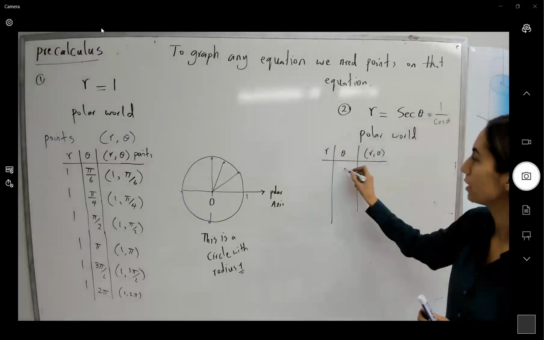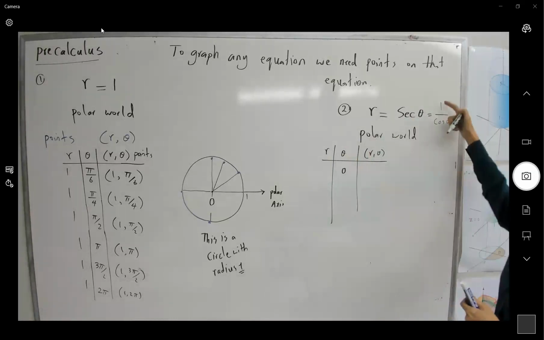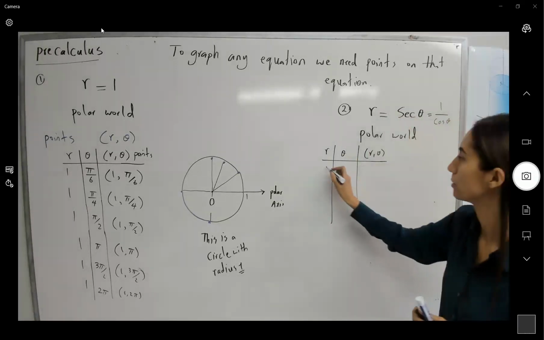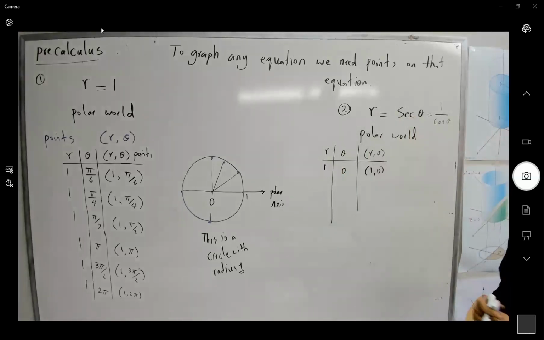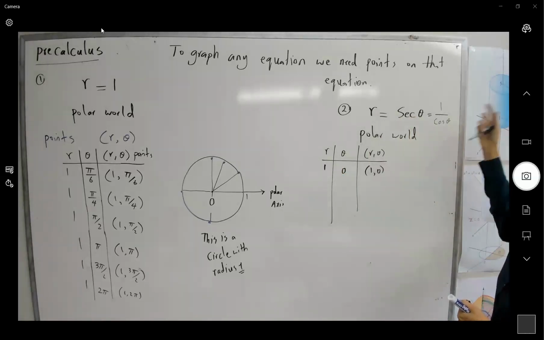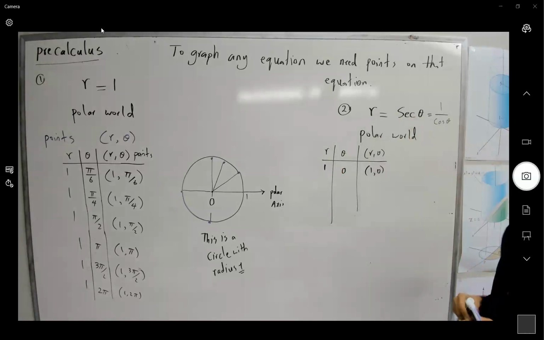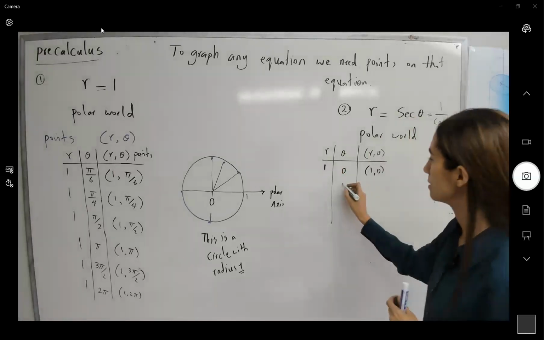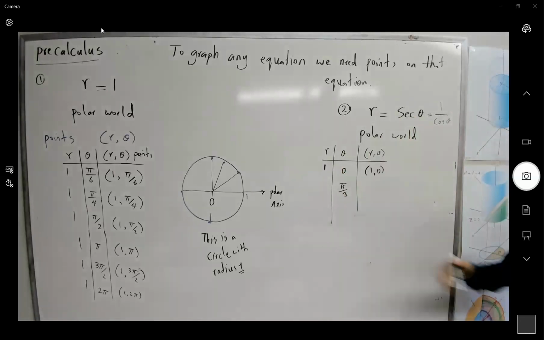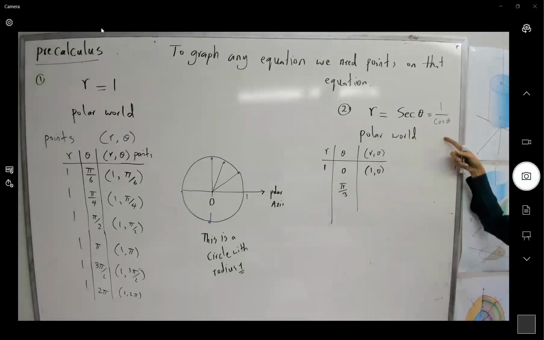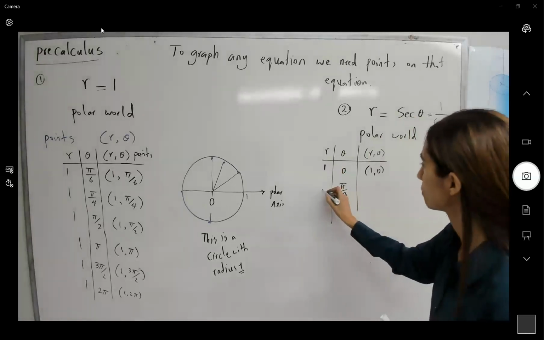So if my theta is equal to 0, 1 over 1 is 1. The very first point is 1 and 0. Now let us plug in another value like pi over 3. I'm just plugging easy angles to give me something manageable. So if it's pi over 3, I get 1 over a half, which is 2.